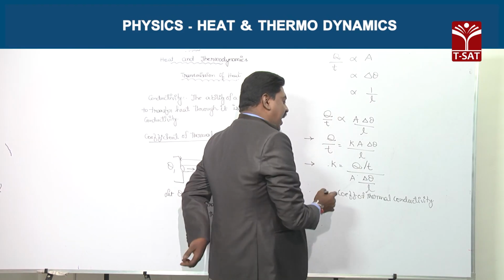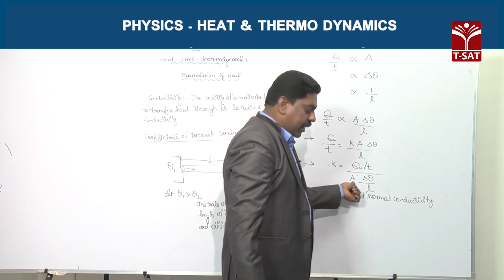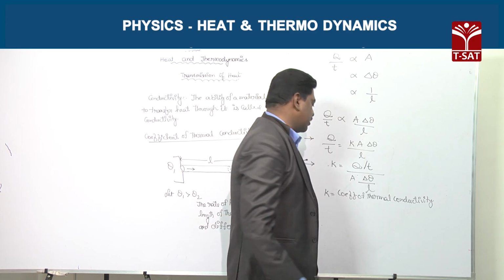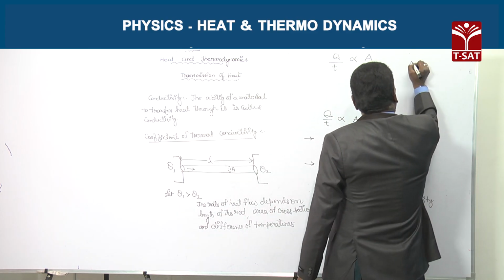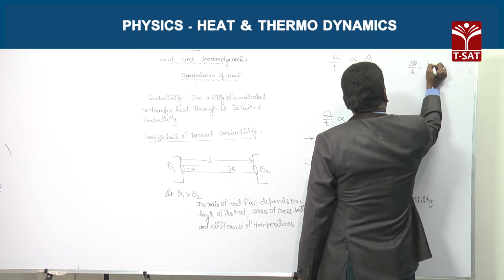It is defined as rate of heat flow per unit area per unit temperature gradient. Delta theta by L is called temperature gradient.